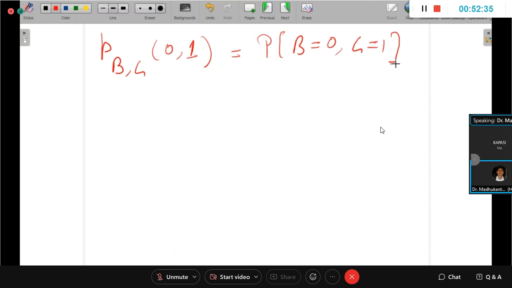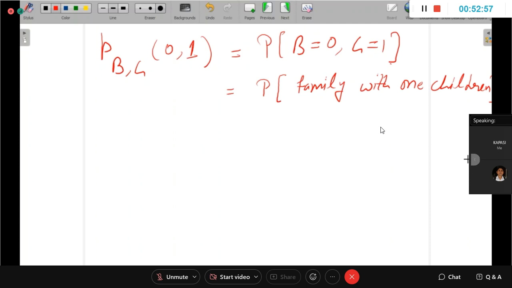First, 1 by 2 into... What I must write here is the probability that a family with 1 child, into anything, 1 by 2.